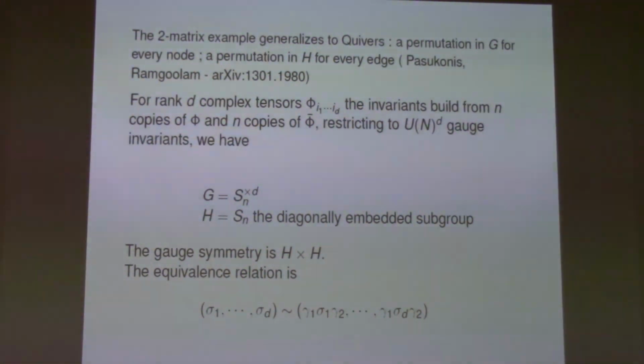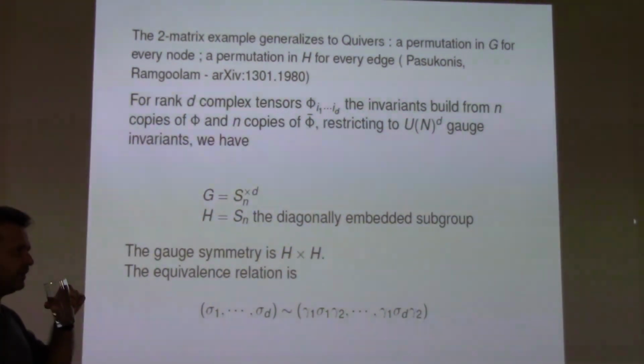Does it also depend on whether the D indices have some certain symmetry property between them or not? Here, there's no symmetry. We're looking at the case where there's no symmetry between them, and there'll be some variation of this if you do impose a symmetry. If you do not have a symmetry, then this multi-index tensor is just like the thing that you were describing earlier, some U(N) to the power D. That is correct.